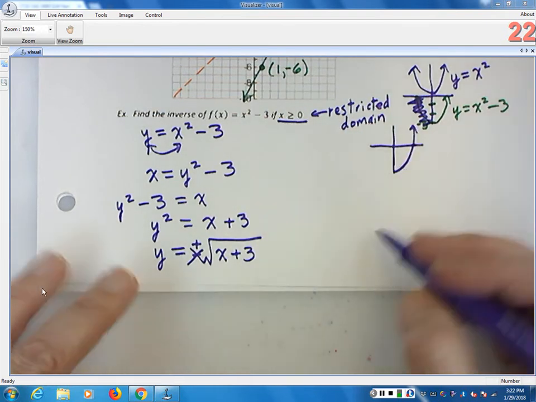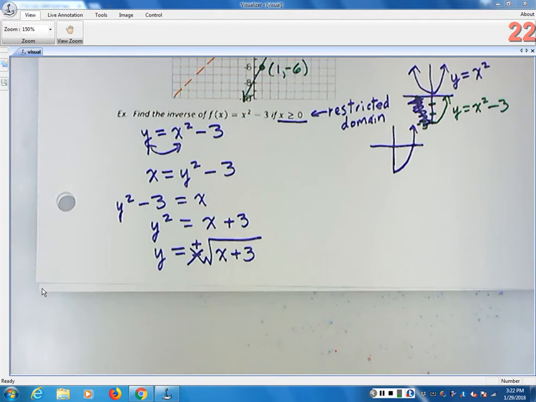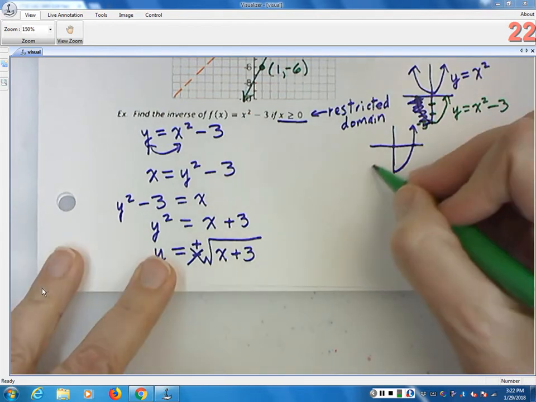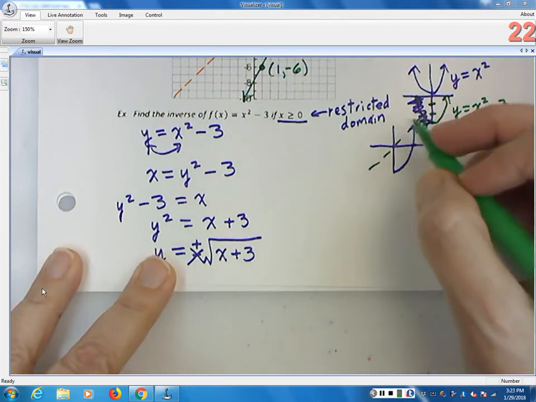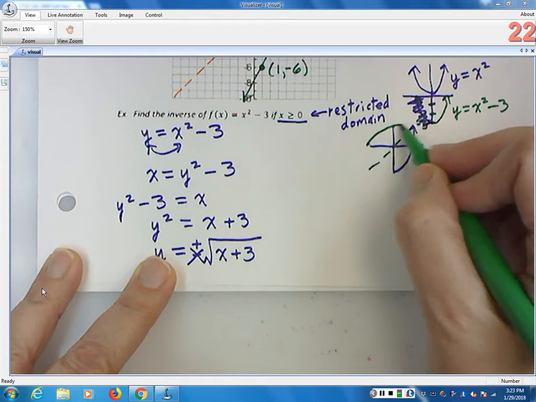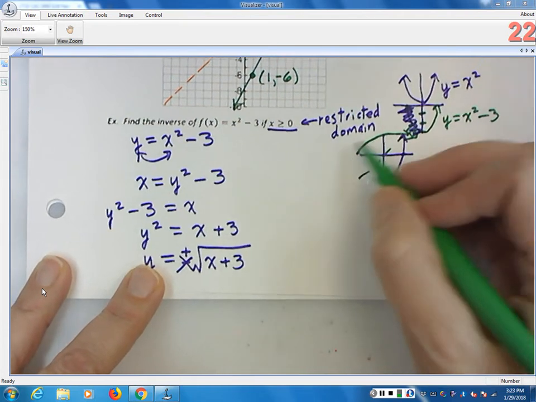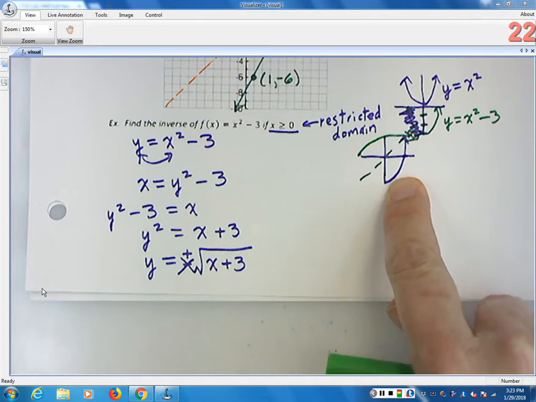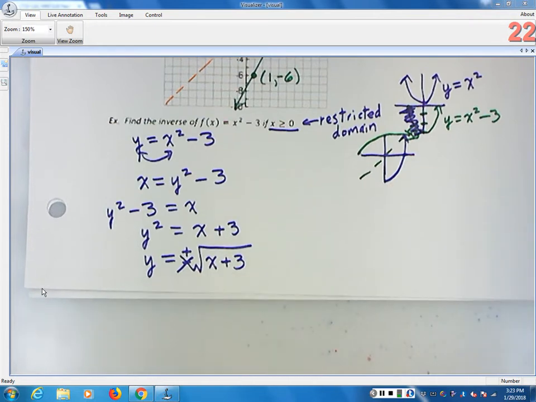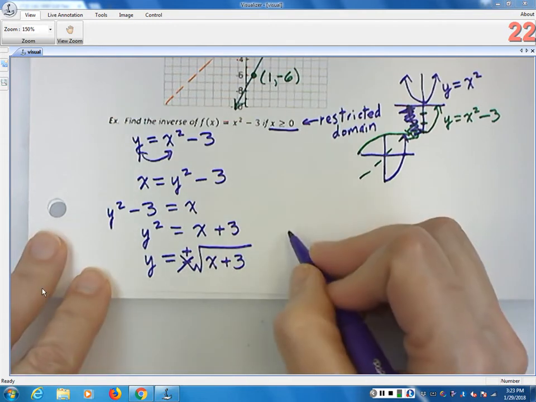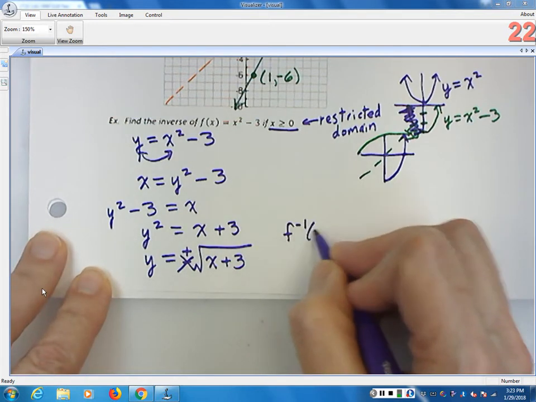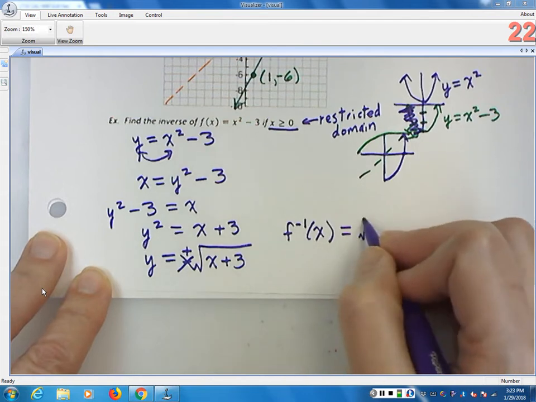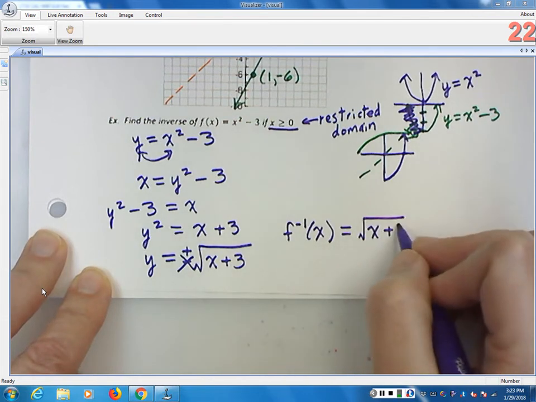And if you reflect that about the line y equals x, you're going to get something like this for the inverse. See, we restricted the domain is why we only have the positive. And so it does have an inverse because of the original restricted domain. So our step 4 is f inverse of x equals the square root of x plus 3.